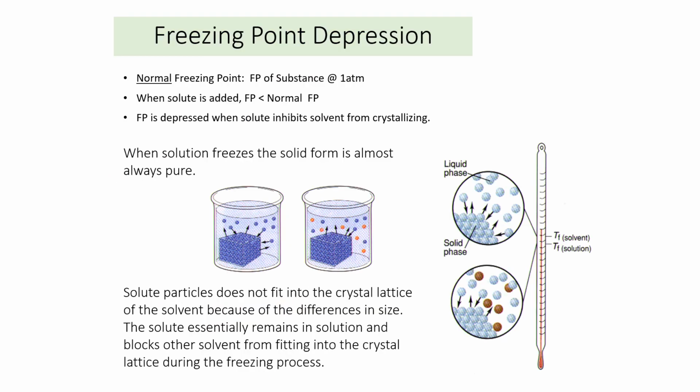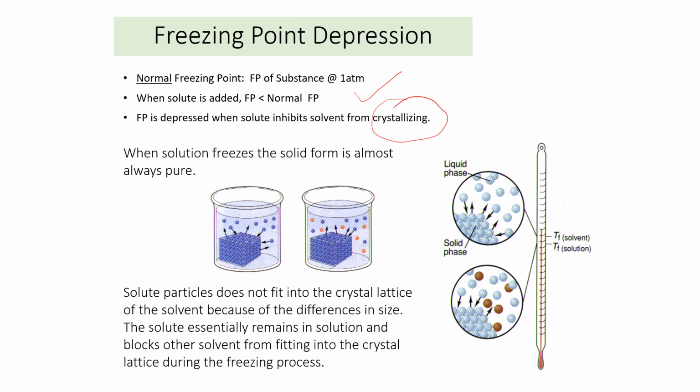Besides boiling point elevation, we must also consider freezing point depression. In this case, the normal freezing point at 1 atm is reduced when a non-volatile solute is added into the pure solvent. Freezing point is depressed when the solute inhibits the solvent from crystallizing. This happens when the solution freezes.